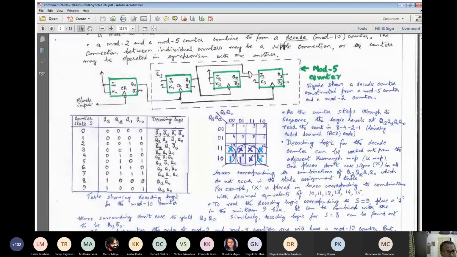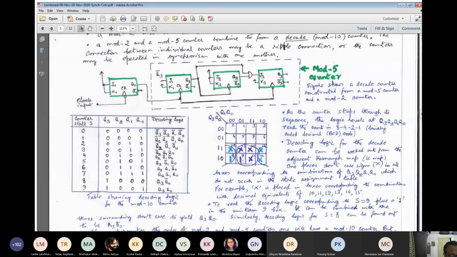However, if you look at state 2, it can be combined with state 10, which is a don't care state. So 2 and X will allow us to eliminate a single variable. The best optimization will be possible for state 8 and state 9, as we see here.